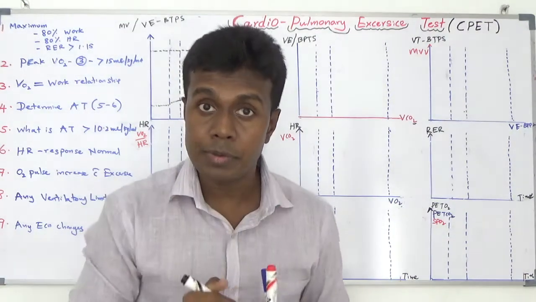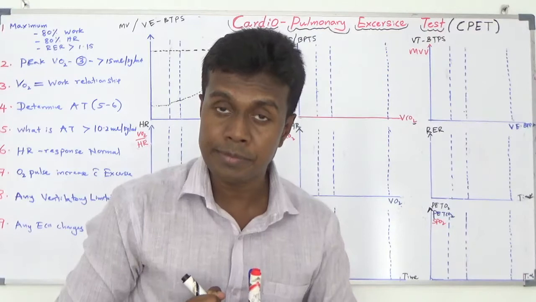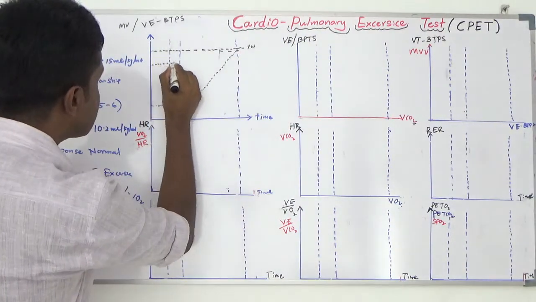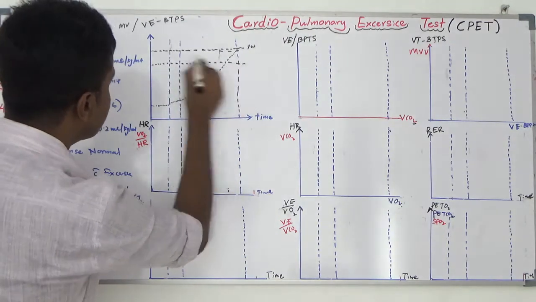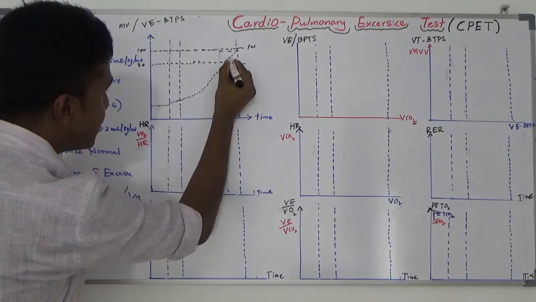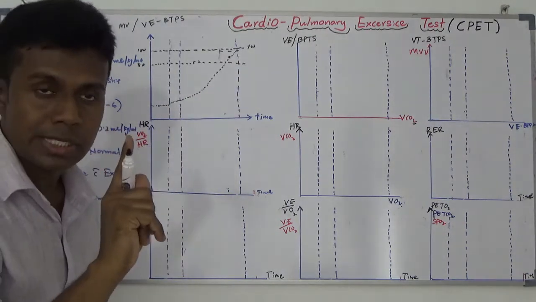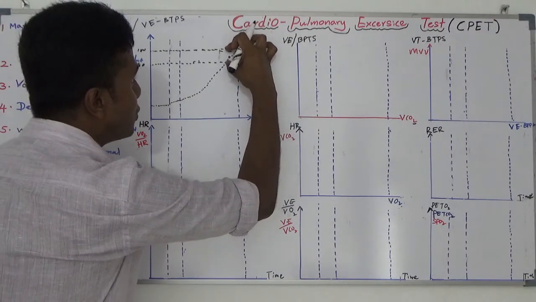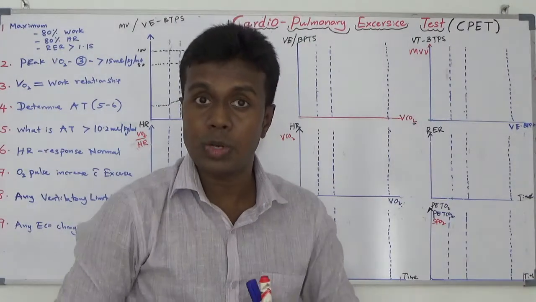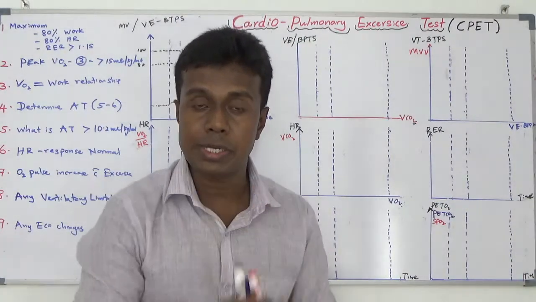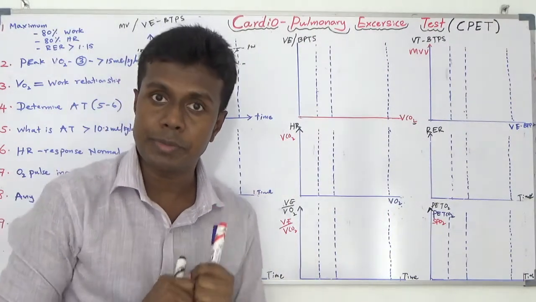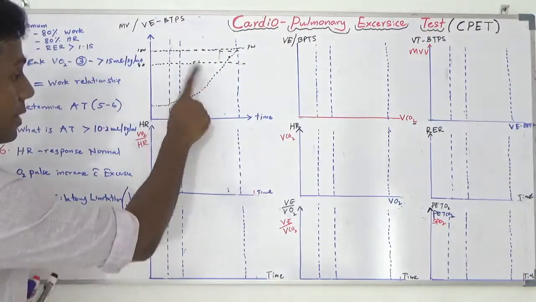At least it should come to 80% of the machine-calculated normal value. This is the 100% machine-calculated value, and this is the 80% value. So your patient's values during the exercise should at least come between these two lines in order to say the patient has normal or near normal minute ventilation. This is graph number 1.